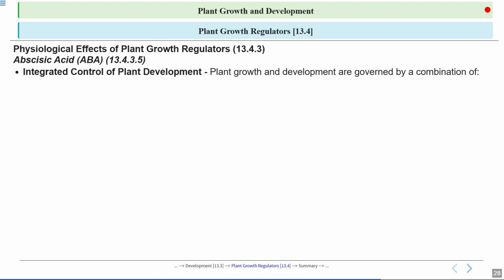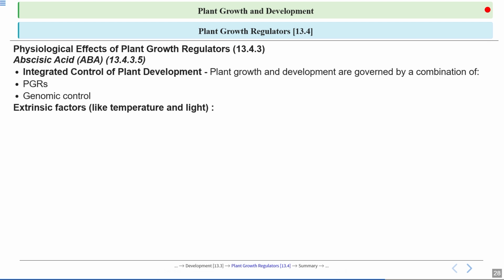So, integrated control of plant development. Plant growth and development is governed by the combination of, first one, plant growth regulators, genomic control, and some extrinsic factors. Not all the intrinsic factors are working there. Intrinsic factors are plant growth regulators that are formed inside the plant only.